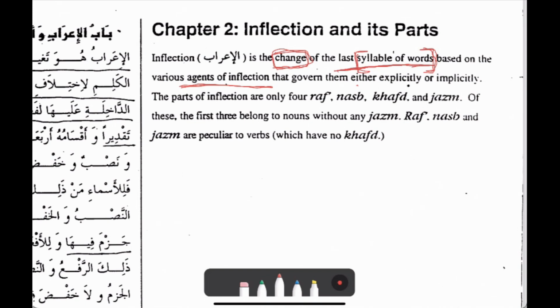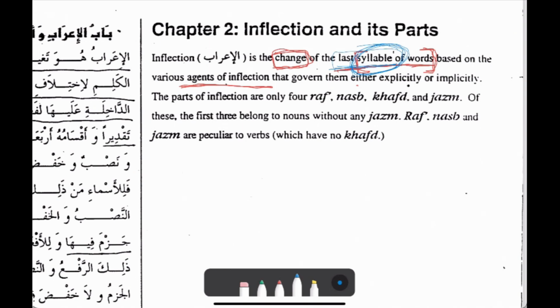Al-i'rab, inflection, huwa taghyiru, it is the change of awakhir al-kalim. He says, the last syllable of words. So, yani, he added the word syllable. You could stand to take the word syllable out. It's not going to be a wrong translation. But it's last syllables.